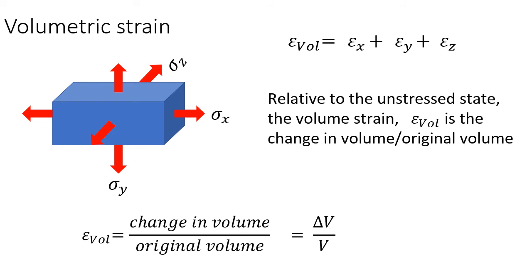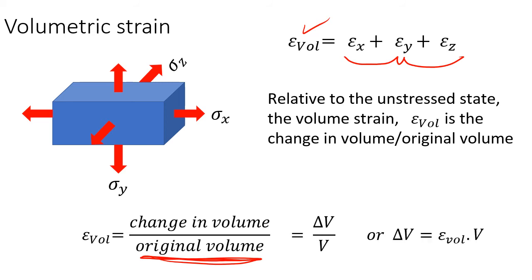So our volumetric strain is change in volume over the original volume. So if we can work out what each one of these stresses are in the x, y, and z, we can work out our volumetric strain. And then if we know the original volume, which presumably we do, we can then work out what the change in volume will be.